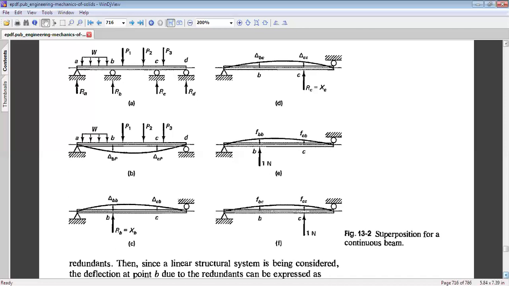Now let us look at figures E and F. In figures E and F, we have defined flexibility coefficients FBB, FCB.